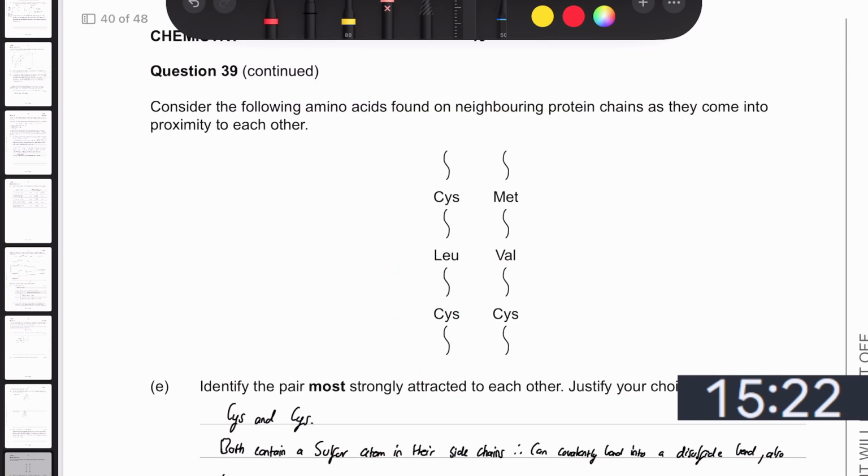See, leucine. What is Met? What is Met? Ooh, methionine also has S. Leucine and valine. Leucine. But actually, it might be cysteine and Met.